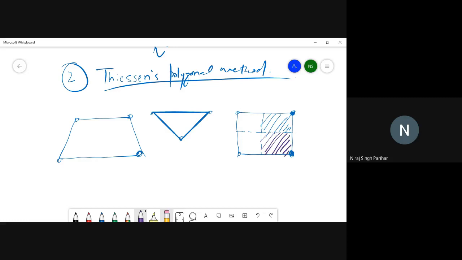Now for this particular station, I'll give this as an area. And similarly, I can give this station the area like this.